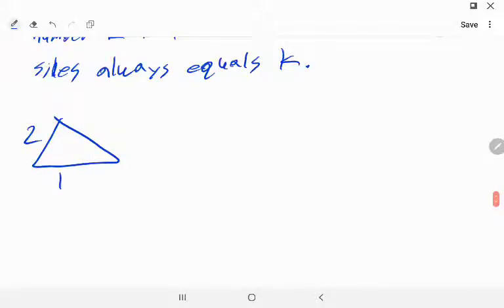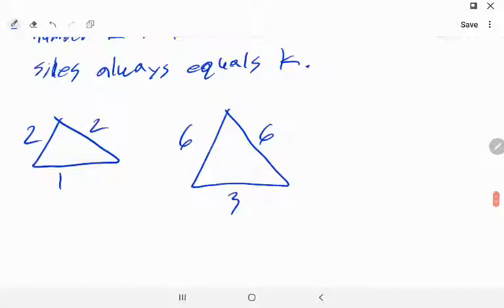2, 1, 2. We'll keep it simple. So we have the triangle 2, 1, 2, and we had another triangle that was 6, 6, 3. What's the scale factor? We notice that if we take 6 divided by 2, that equals 3, and 3 divided by 1 equals 3, and so we know the triangles have to be similar.